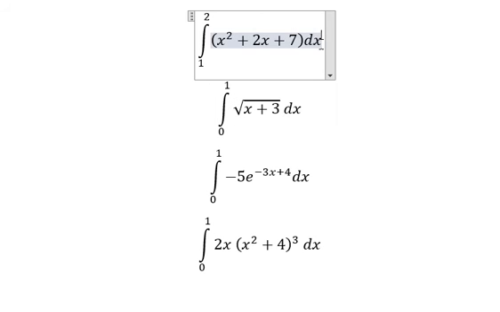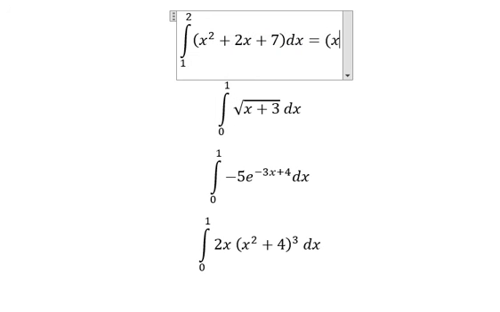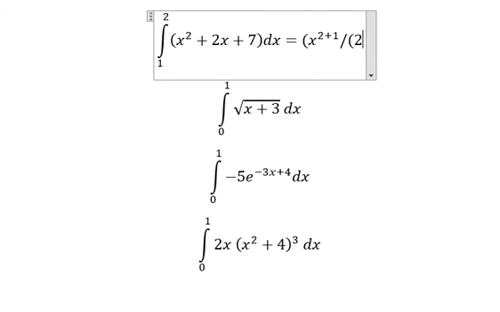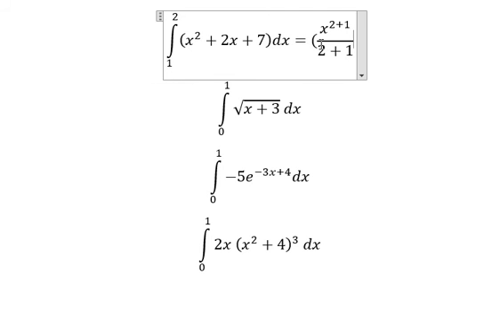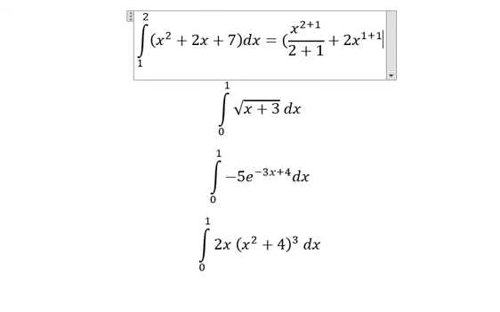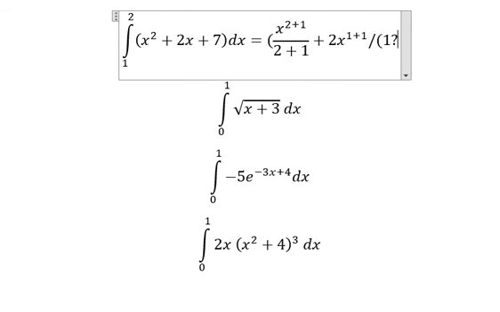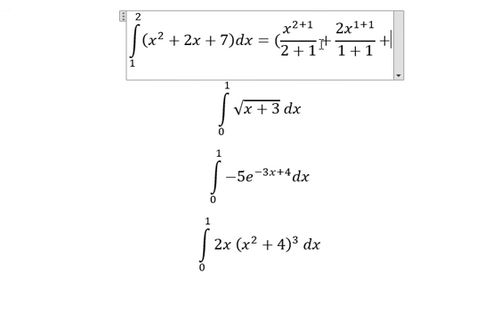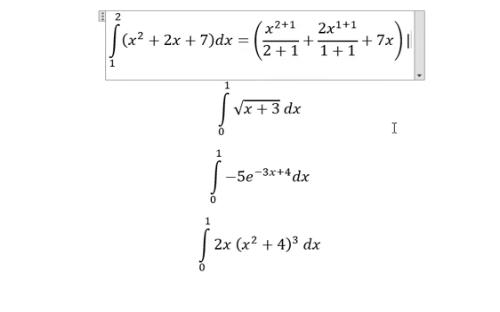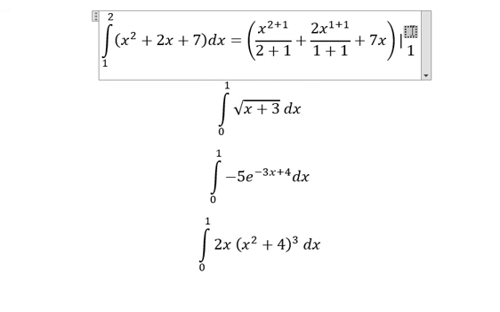So we will have x to the power of 2 plus 1 over 2 plus 1. Similar, x to the power of 1 plus 1 over 1 plus 1. About the numbers in here, we will have x, and we put the bounds from number 1 to number 2.